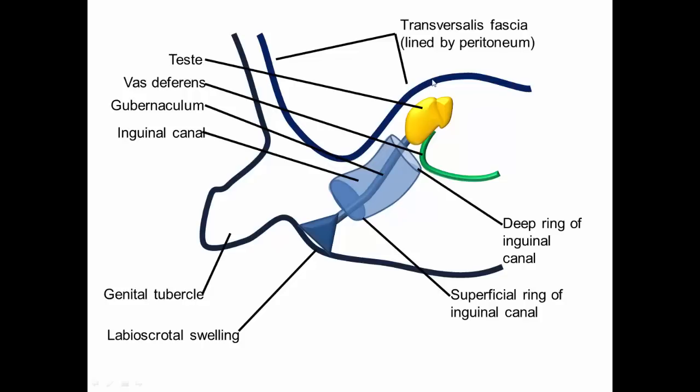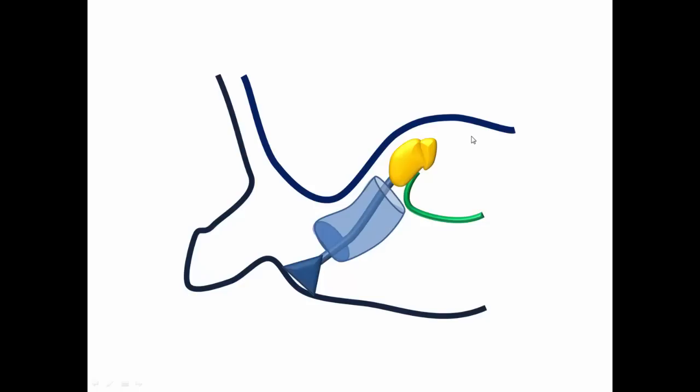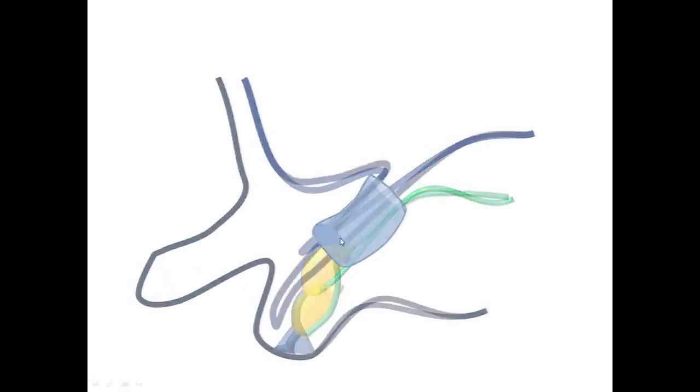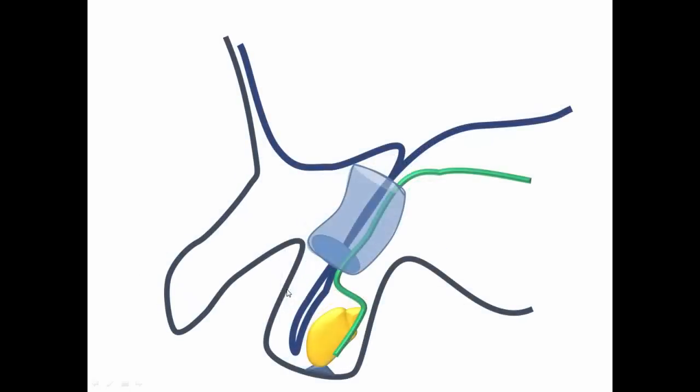And what's going to happen then is, as this testicle is pulled, it's really connected pretty closely to that transversalis fascia with the peritoneum on top, and so it's going to start descending with the testicle. So you can see it beginning to descend, and it's pulling in the peritoneal lining.